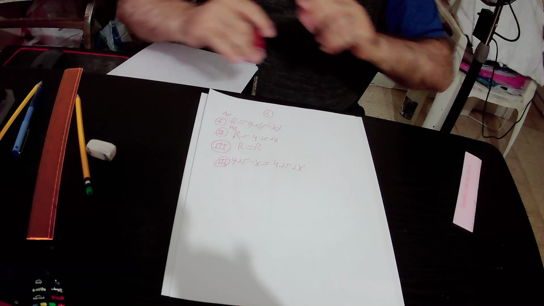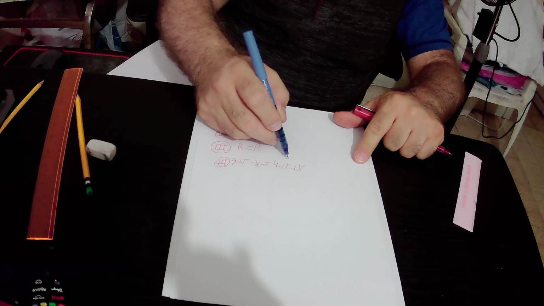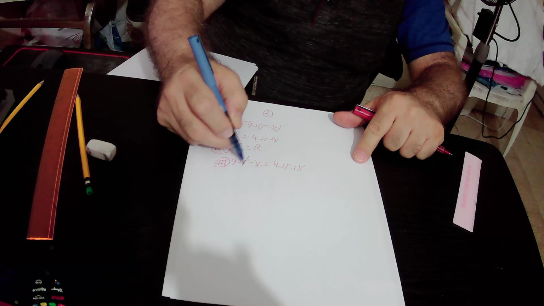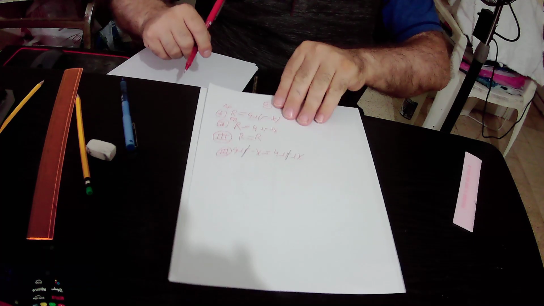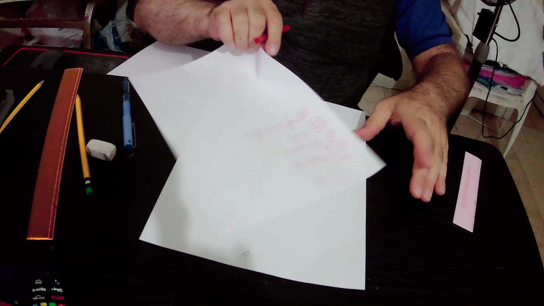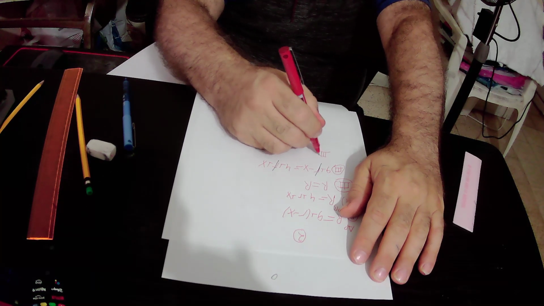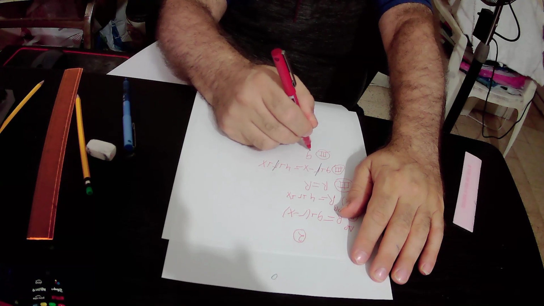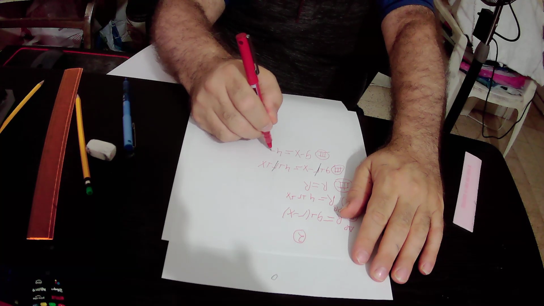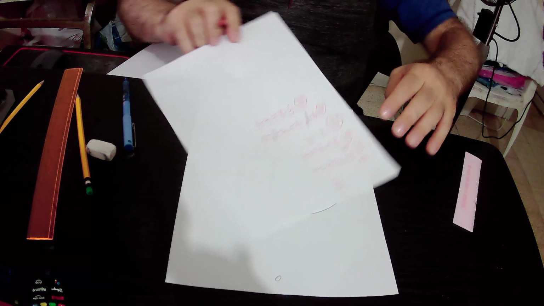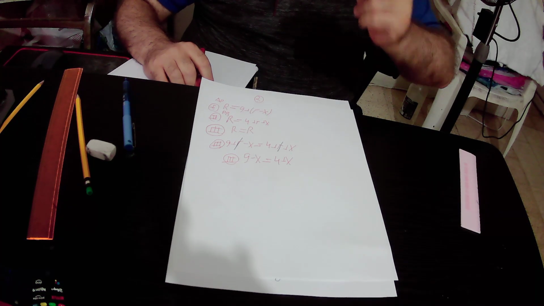So R equals R. Here we have R on this side of the equation, and we have R on the other side of the equation, so we can cancel R. And what is left after we cancel R is 9 minus x equals 4 plus x. Okay, 9 minus x equals 4 plus x.